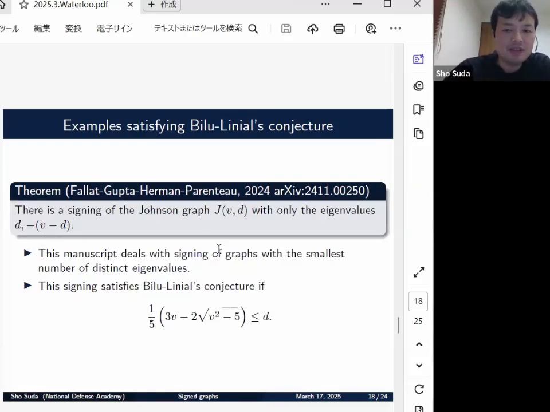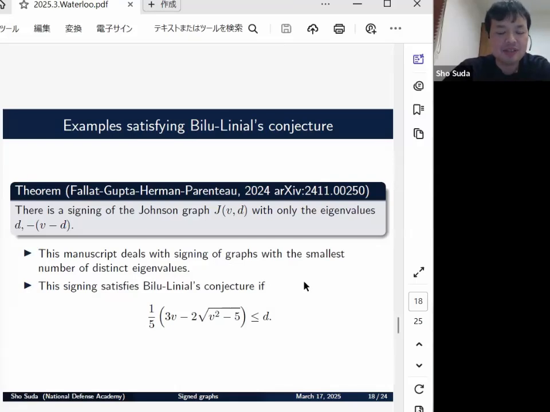So this preprint deals with signings of graphs with the smallest number of distinct eigenvalues, not considering the spectral radius. And in the Johnson case, they could find a very nice signing.